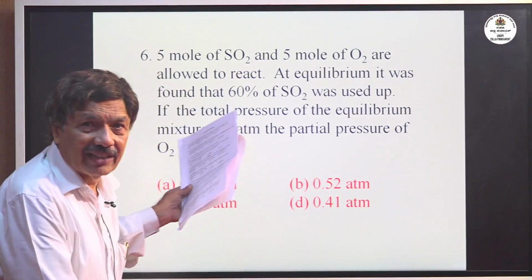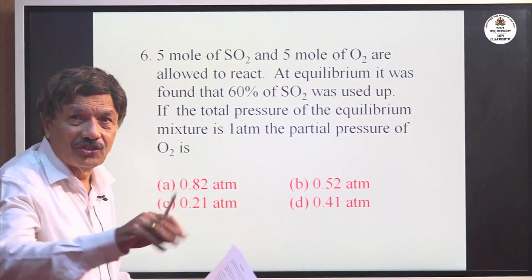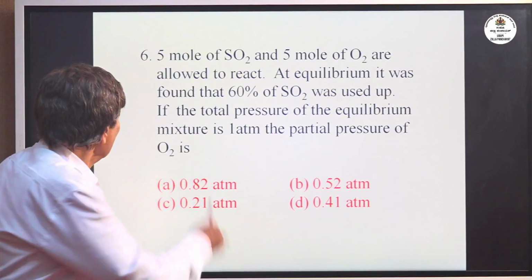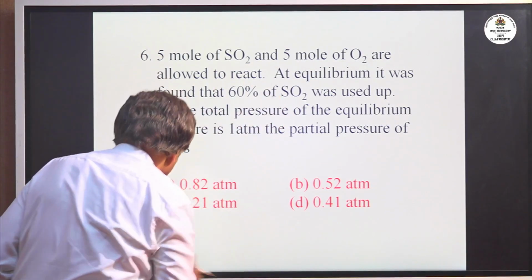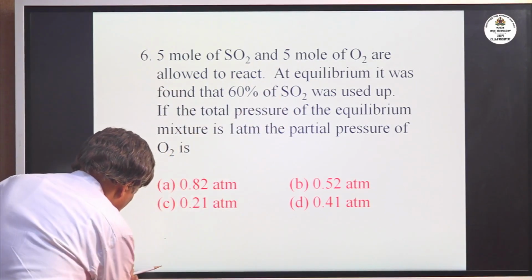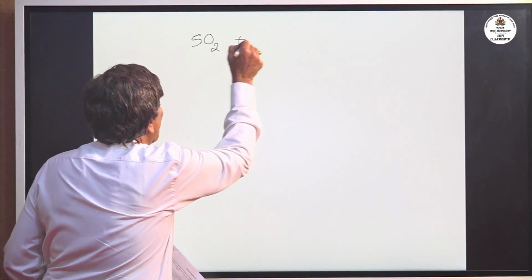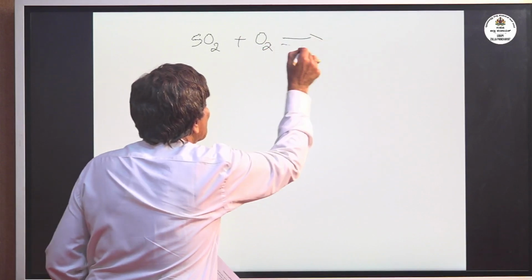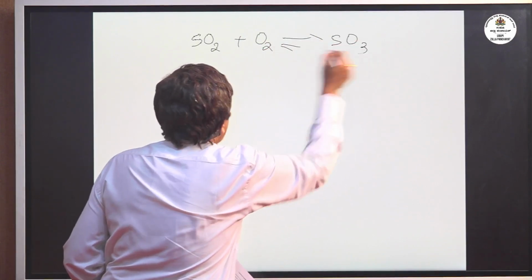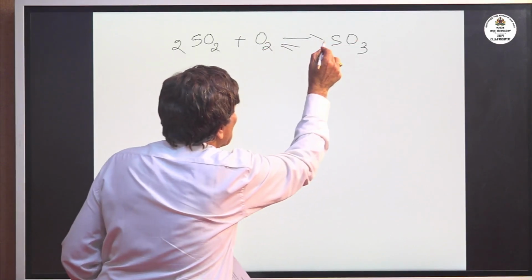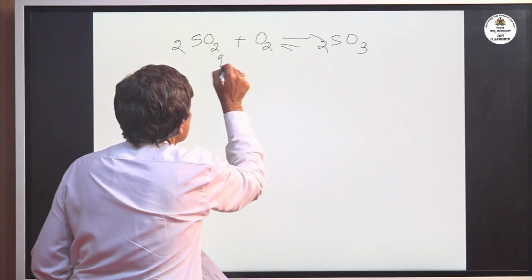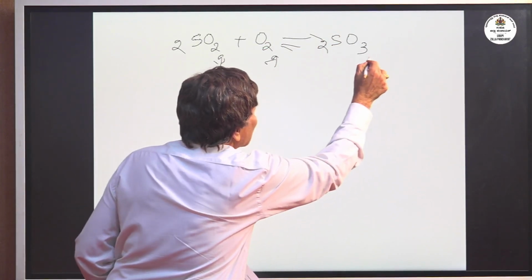Read the question carefully, because when I switch to the next slide, the question will not be there. 5 moles of SO2, 5 moles of O2. SO2 plus O2 giving 2 SO3. Of course, all are gases.